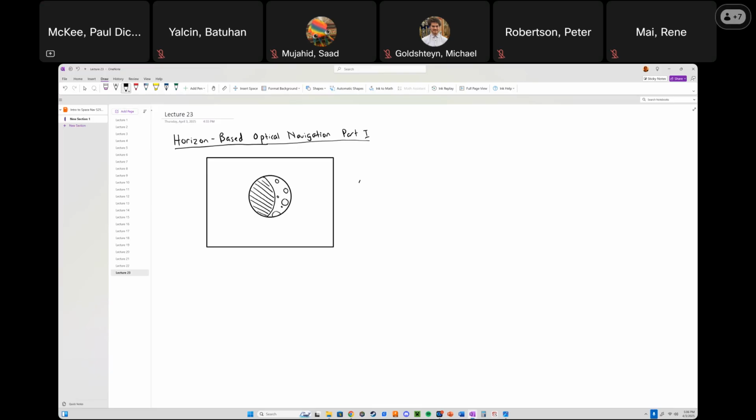There you go. All right, so here's the punchline. You can navigate using this image. So I'll say, suppose you capture this image of the moon. This is enough to navigate.